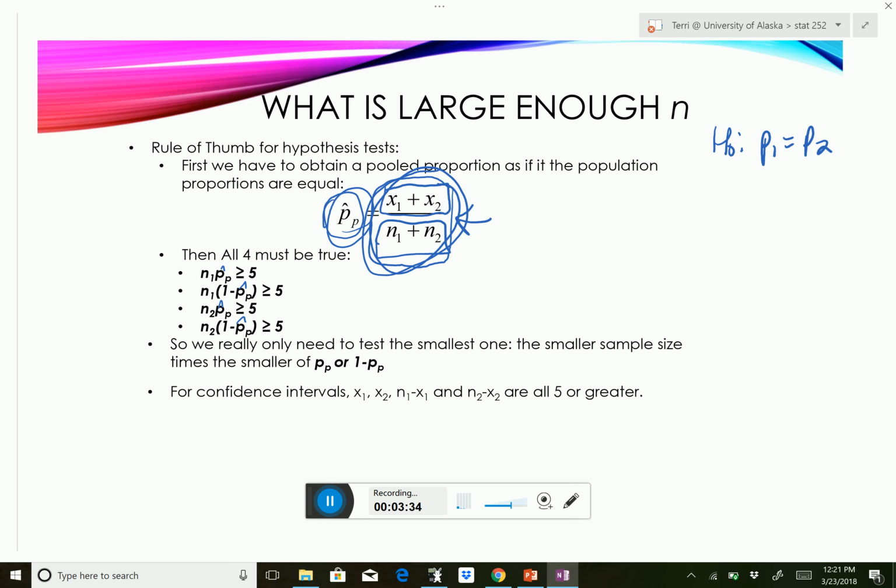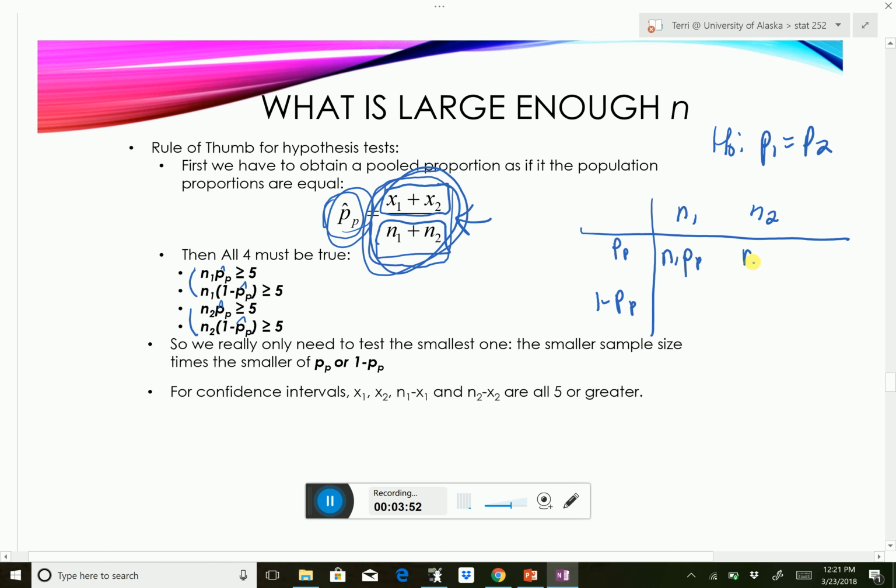So we figure out which one of these has the smallest sample size. We have N1, N2, and here P pooled hat and 1 minus P pooled hat. Now I want you to think about it. These are all four things that we need: N1 times P pooled hat, N2 times P pooled hat, N1 times 1 minus P pooled hat, and N2 times 1 minus P pooled hat.